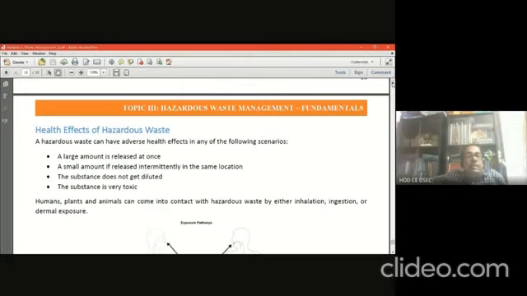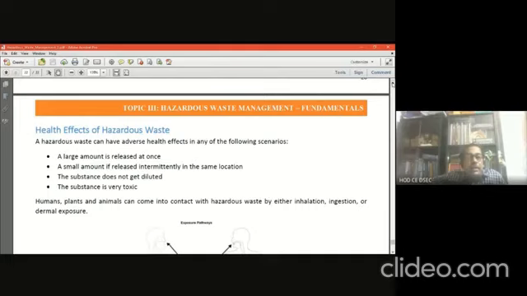The substance does not get diluted, that means the concentration is not decreasing. Or the substance is very toxic. These are the adverse health effects the hazardous waste will produce.